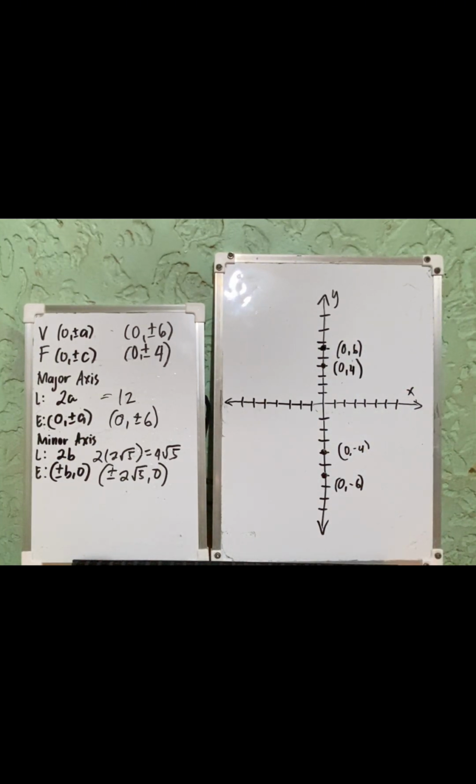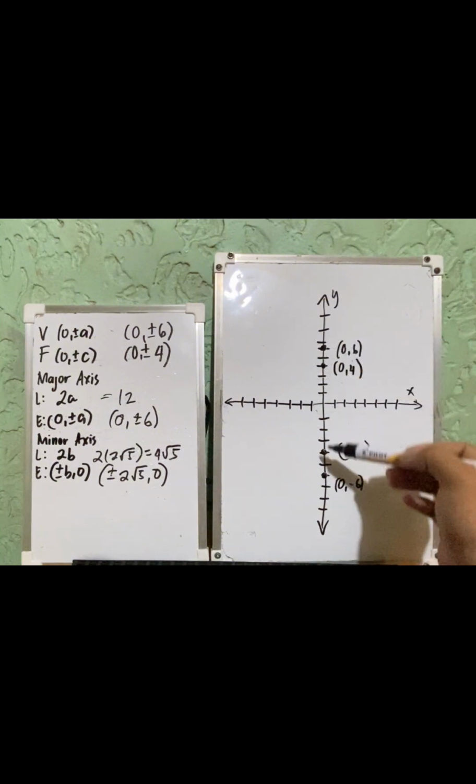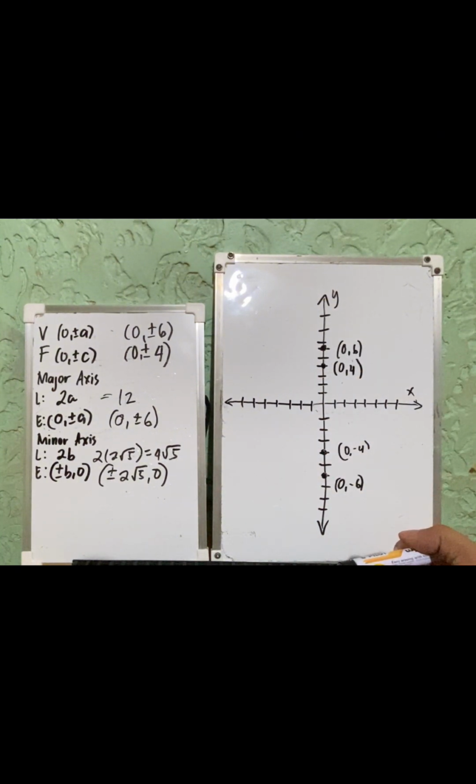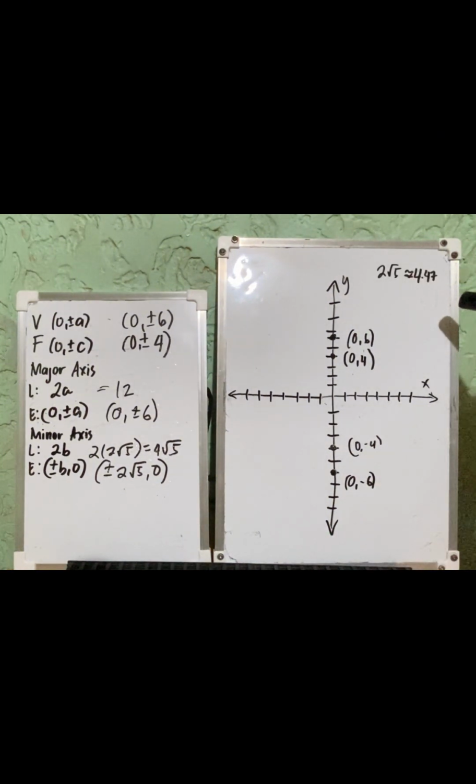Next is your major axis, the length, the endpoints. The endpoints of the major axis are 0, 6, the same as the vertices. And the minor axis is b, 2 square root of 5. Let's check: 2 square root of 5 is approximately 4.47.